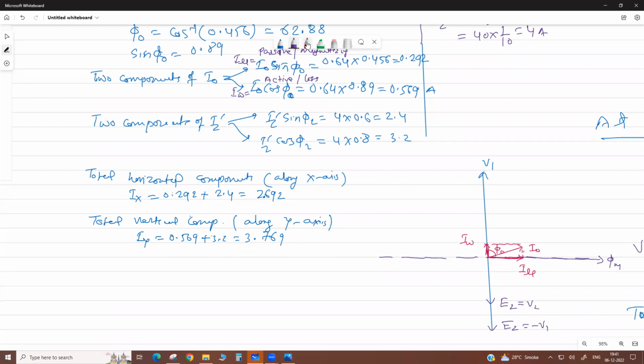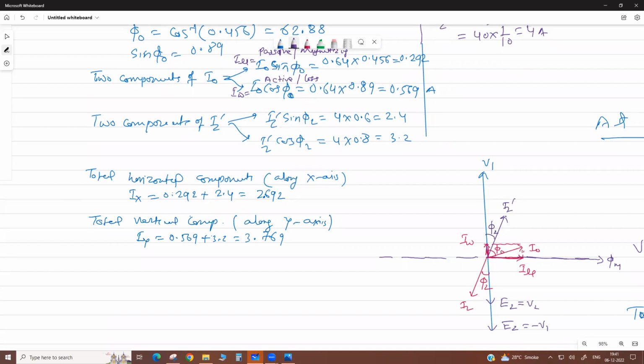Now at load, your load current is like this, I2, with phi 2. Now, as referred to primary side, this is your I2 dash. This is phi 2 again, okay.